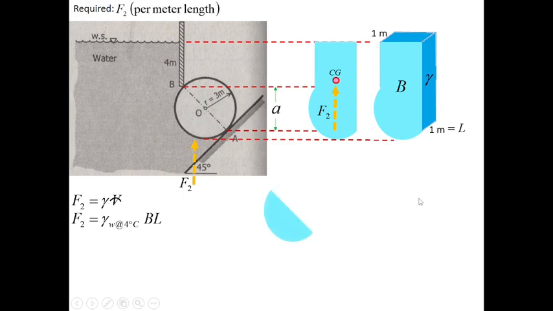So, itong part na to ay semicircle, right? Semicircle yan. Kung ito ay semicircle, add natin itong trapezoid.